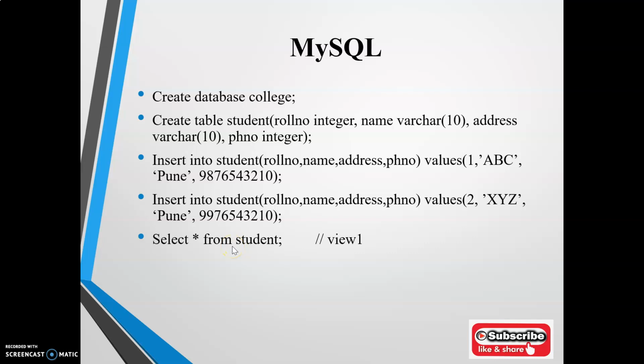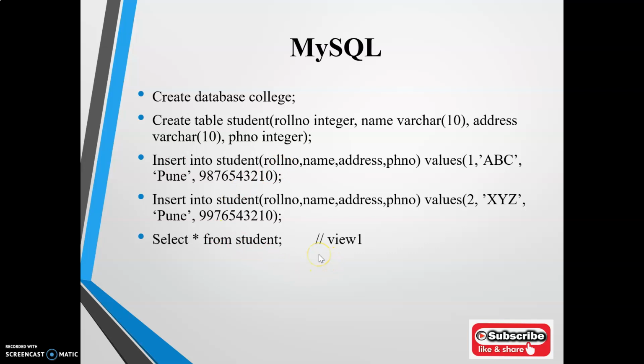Now I can explain how the physical level, logical level and view level are executed. How data is stored doesn't matter for the users. But the logical level talks about what data is stored. Here we can see the roll number, name, address and phone number of the student will be stored in the database. That is the logical level.